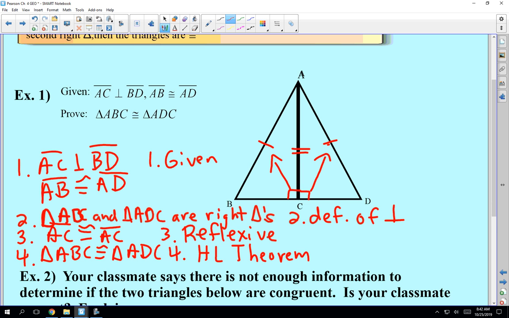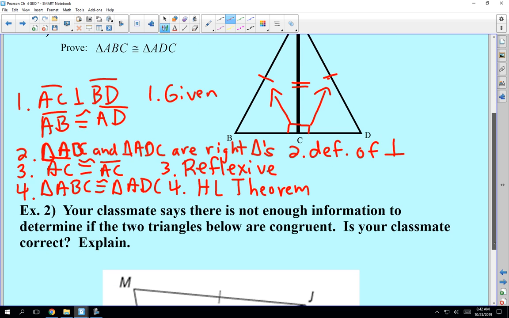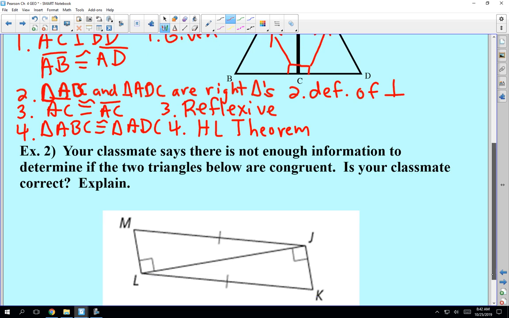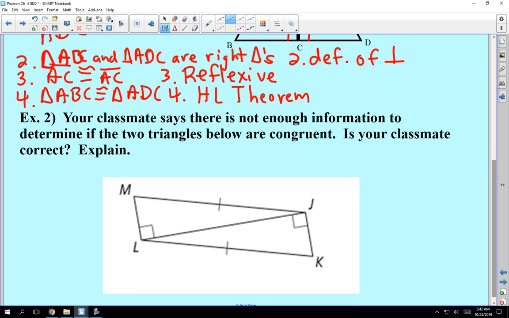All right, it says your classmate says there's not enough information to determine if the two triangles below are congruent. So your classmate might be looking at that, thinking, I see an angle that's congruent in each one, I see a side that's congruent, and then I see that they share a side, but their argument would be that this falls into the category of the side-side-angle case.